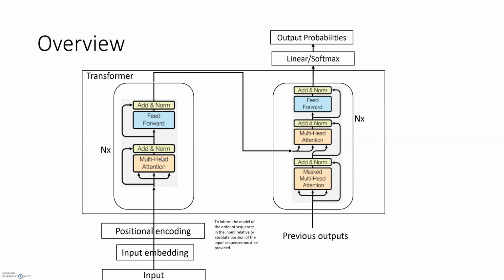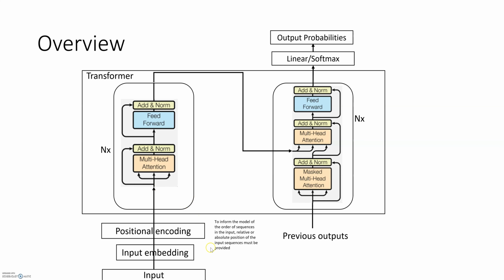Inside the encoder, we will take a look at the encoder first, and then we'll move on to the decoder. So inside the encoder are two main blocks. One block does the multi-head attention, and then the second block is a feed forward block. Feed forward is basically a bunch of dense layers, which are fully connected layers.